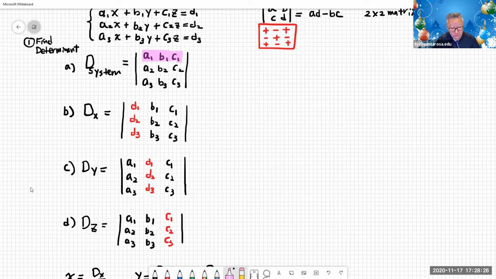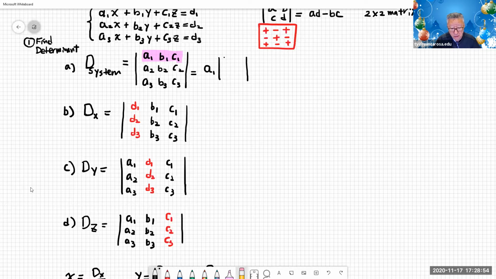Then we're going to expand this. So A1, B1, C1 are going to be your coefficients, like A1. Now this becomes a 2 by 2 matrix. You look at the first row, then look at the first column, and whatever remains is going to be in the matrix here.